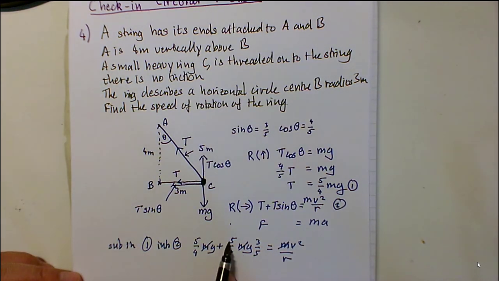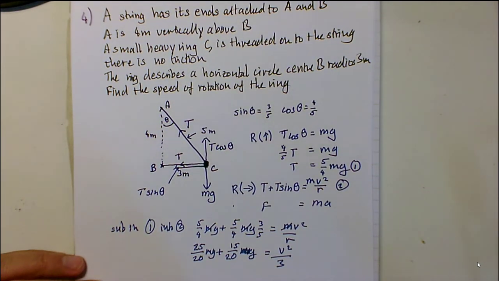Now I can see that 5 times 3 is 15, 4 times 5 is 20, so that comes out as 15/20 g. I can see that's 5/4 g. Well, let's make it 20ths, so we can add these two things together. That's 25/20 g. And that is simply going to be equal to v squared over r, which is 3 meters.